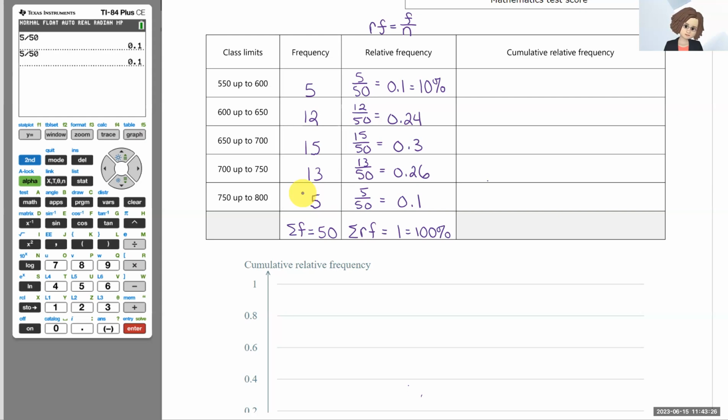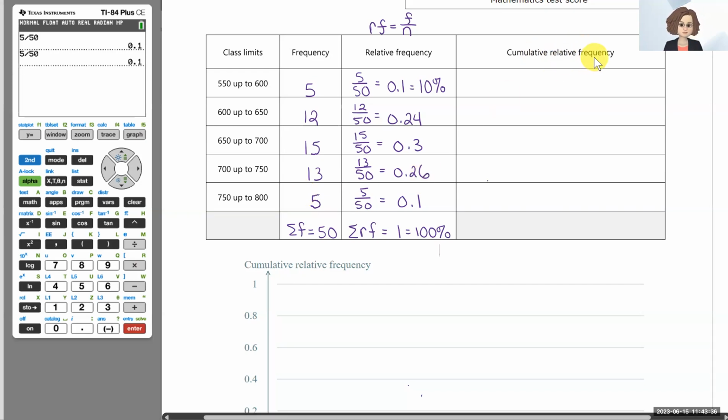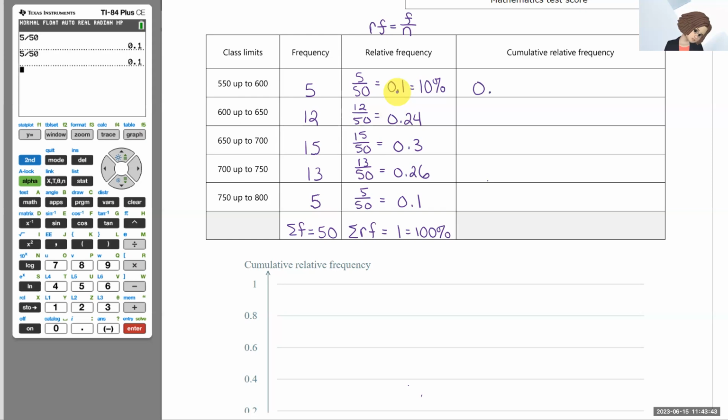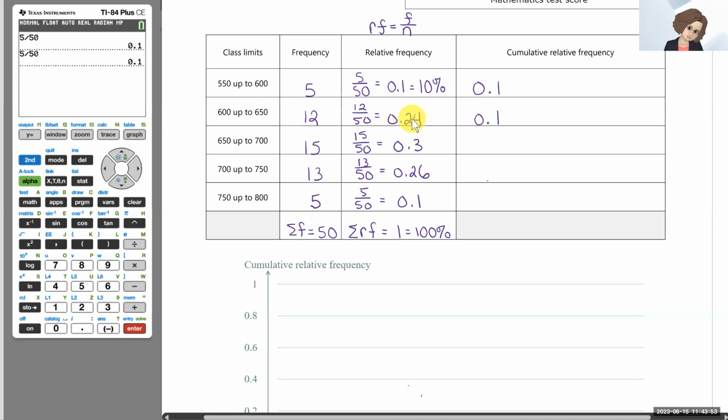All right, and now we're ready to go to cumulative frequency. Sorry, cumulative relative frequency. In either case, you always start with the first group, and in this case, working with relative, it'll be 0.1. Then for the next grouping, you keep the people you already counted, the 0.1, and you add in the next group, so 0.24.